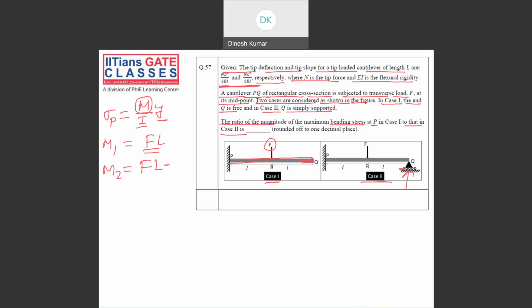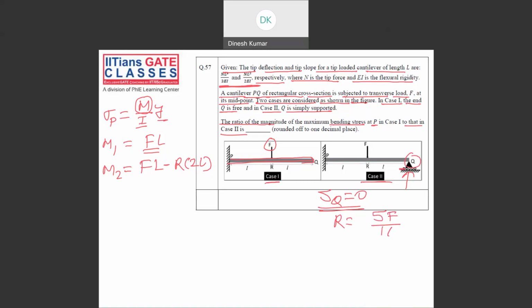Suppose the reaction is R and the length is 2L. Now how to find this R? To find R, your delta Q is 0 for case 2. The deflection in vertical direction at Q will be 0.